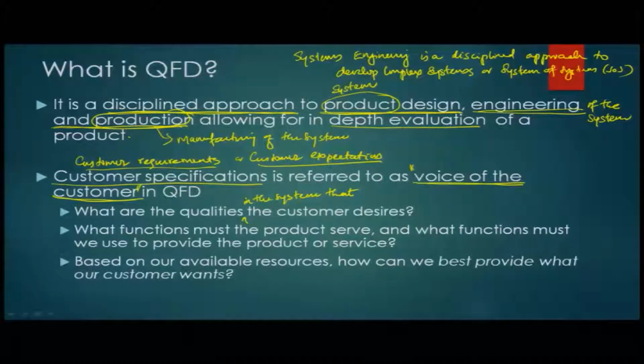What functions must the product, or instead of the product you can think about it as a system, what functions must the system serve, and what functions must we use to provide the product or service, or in this case you can say system is the right way to look at it. Okay. So, this is why this gets applicable in the functional analysis.